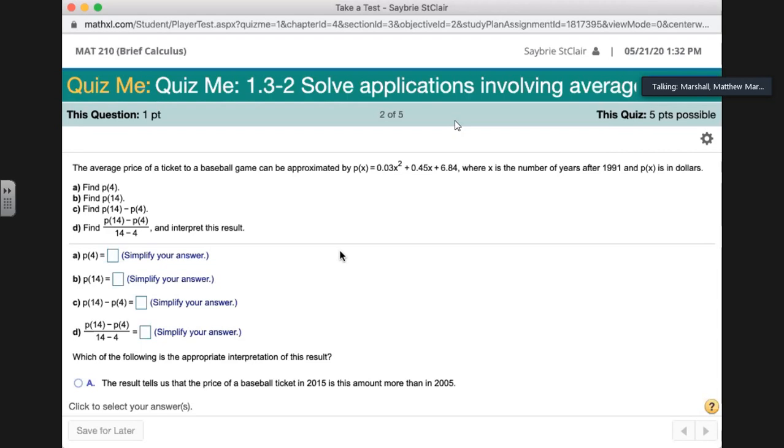For that one, I get 9.12. Let me double check that. Pretty sure that's 9.12. I'm not sure if you're using your calculator, but that gave me 4.